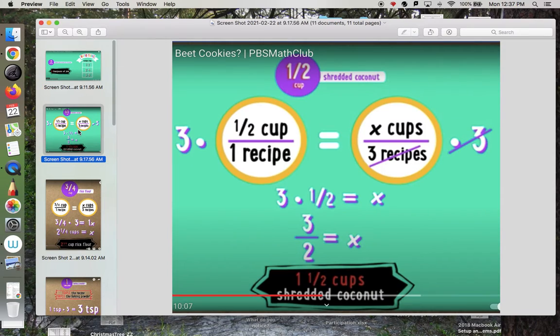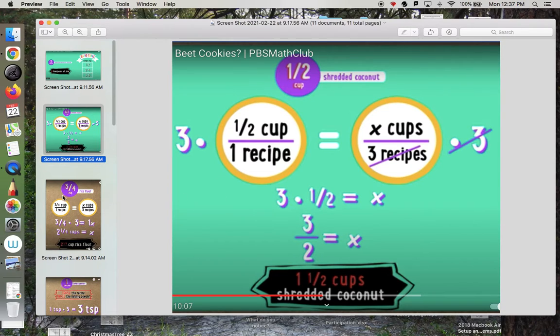Then next was a proportion: 1/2 cup of shredded coconut for one recipe is the same as X cups. They had a multiplier on this one, times 3, so that you could figure out how many cups for 3 recipes, and it turned out to be 3 times 1/2, which is 1.5 cups.